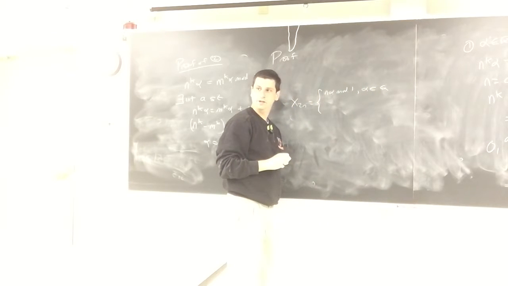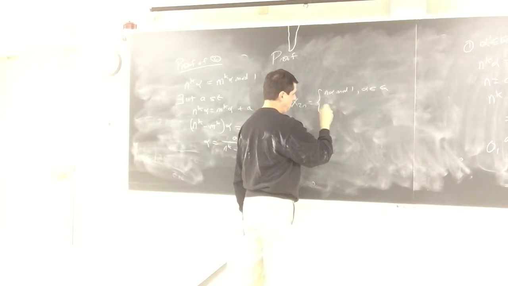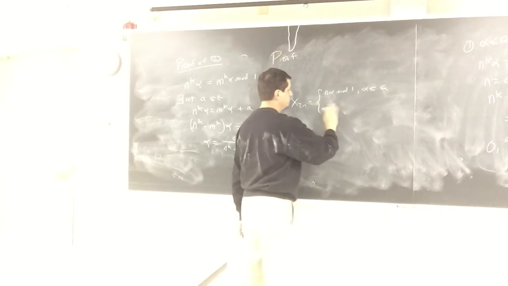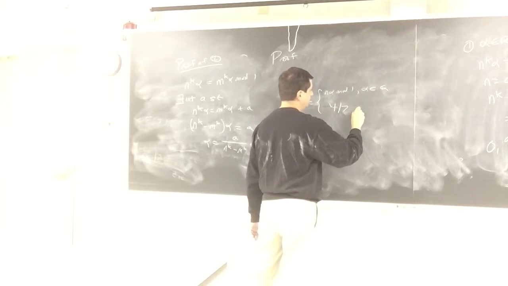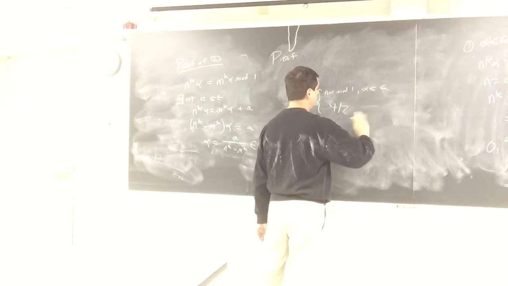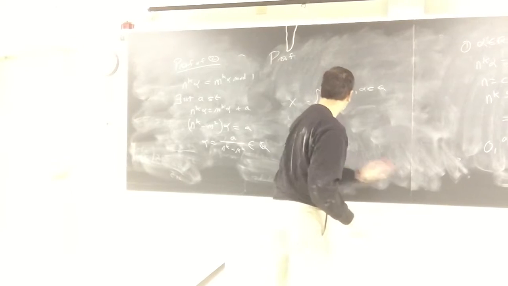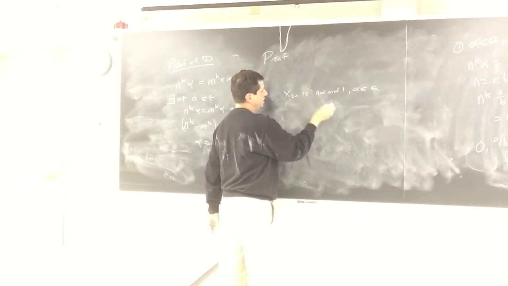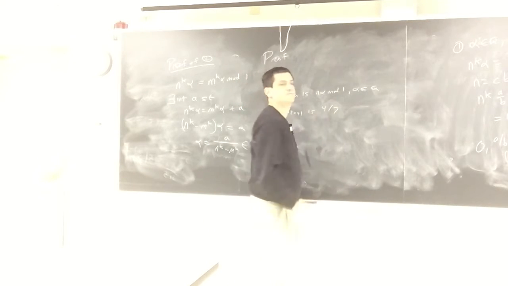And x_{2n+1} is, I'll choose 4 7s. So we'll do x_{2n} is n alpha mod 1, x_{2n+1} is 4 7s.